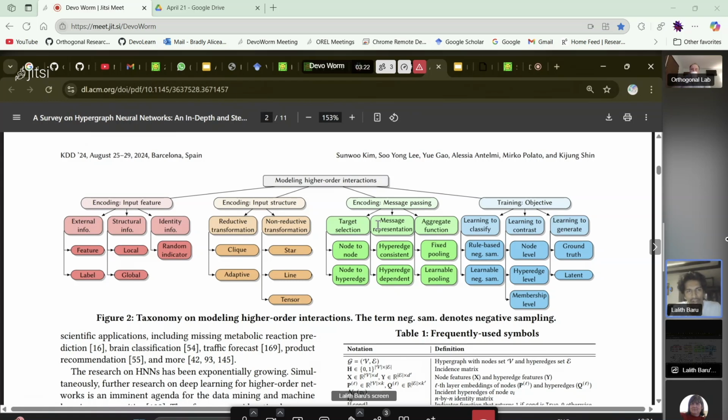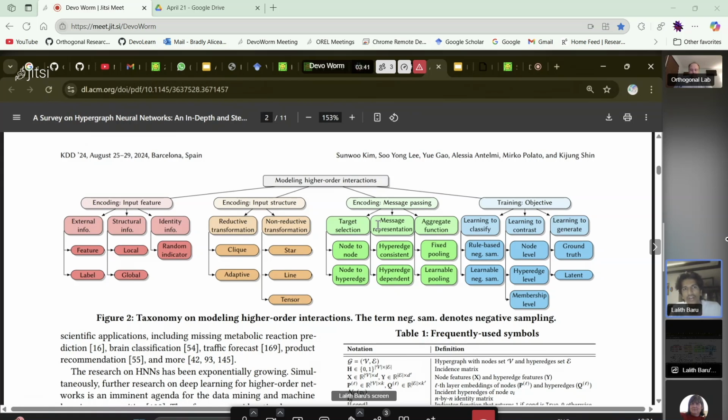And identity information: treating each and every representation as a unique value, and assigning hyperedges in such a way that the set of hypernodes come together to form a higher order interaction. These are the 3 different ways of doing input features.